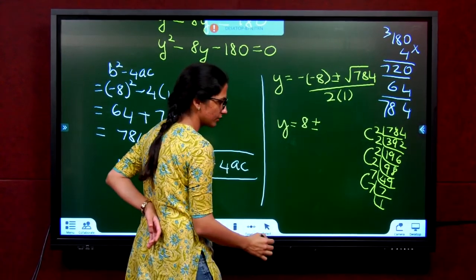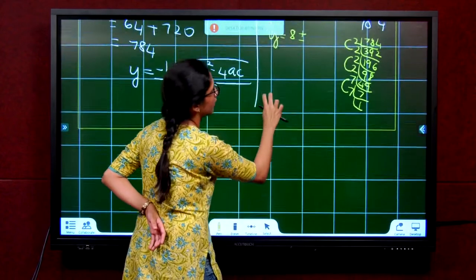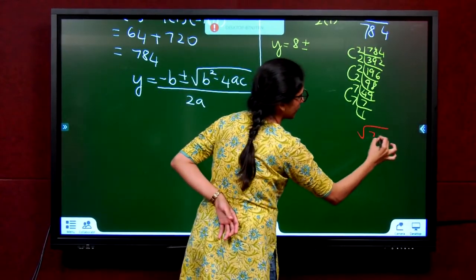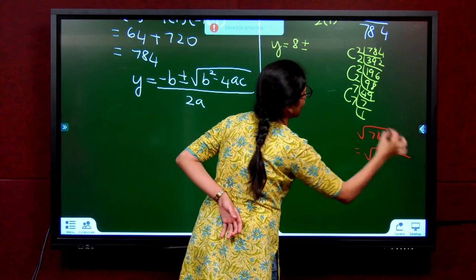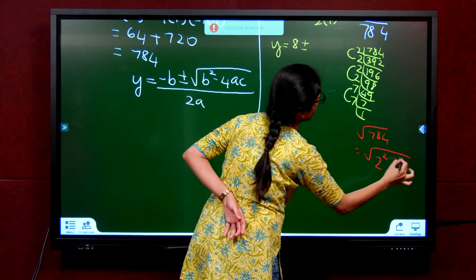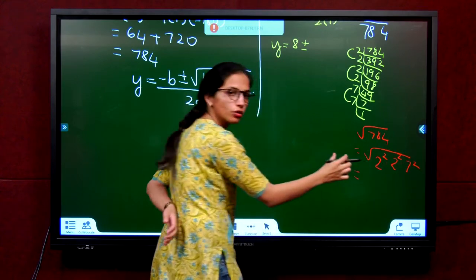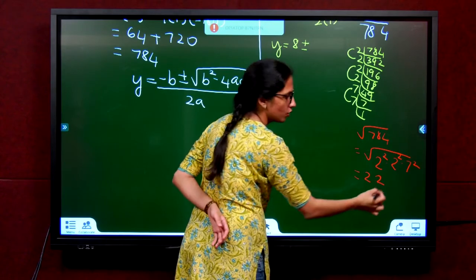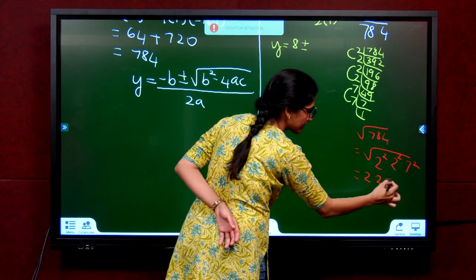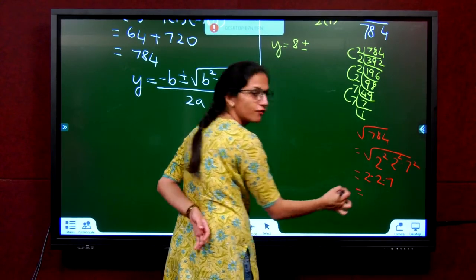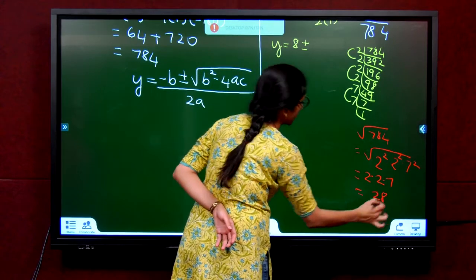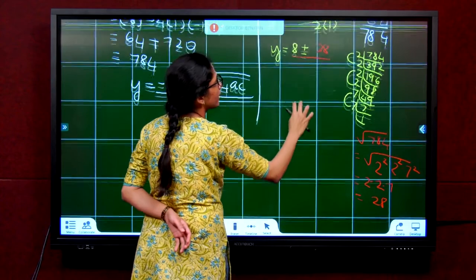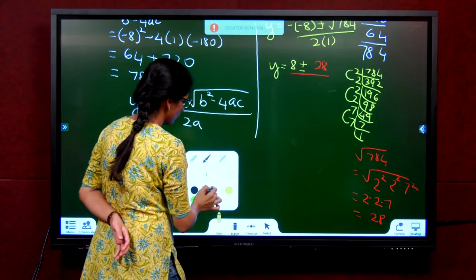So what happens to root 784? Root 784 is root of, take the pairs, 2 square, 2 square, 7 square. If 2 square comes outside the root, it becomes 2. Another 2 square becomes 2. 7 square becomes 7. Multiply, 2 2s are 4, 4 7s are 28. So 8 plus or minus 28 divided by 2 1s are 2.